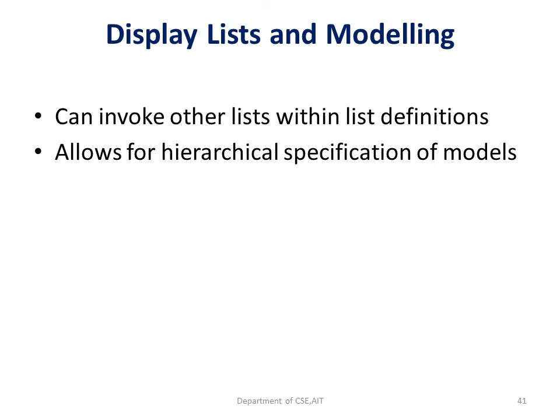For example, we can consider modeling a simple face. So this face will consist of eyes, nose, ear, all these things. All these can be included within one single display list, and this display list can enclose a display list for the eyes, a display list for the nose, and a display list for the mouth.